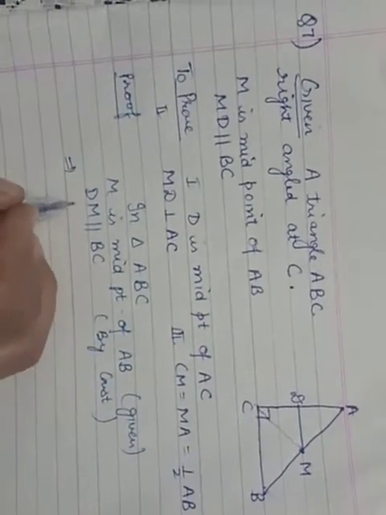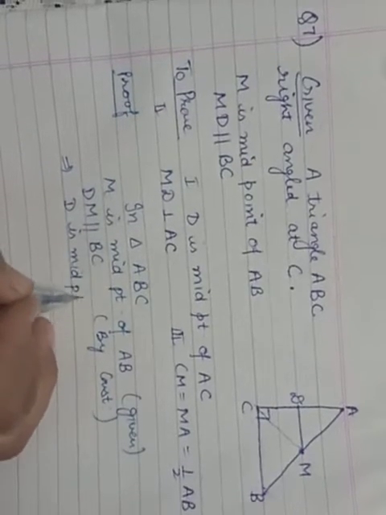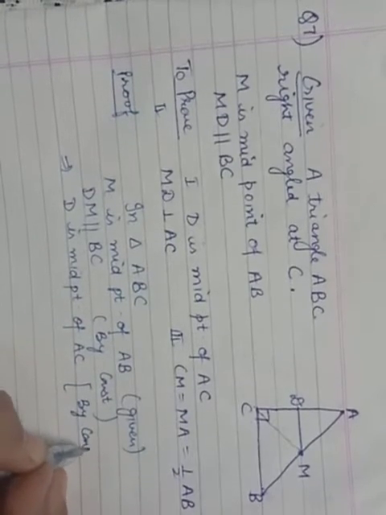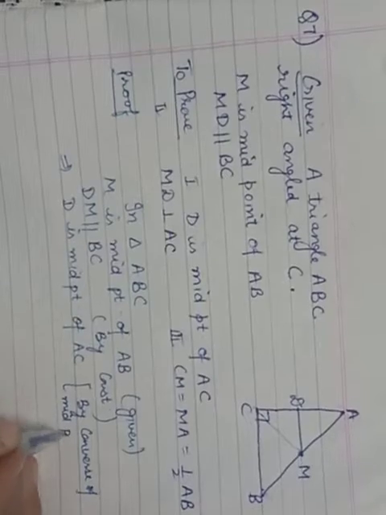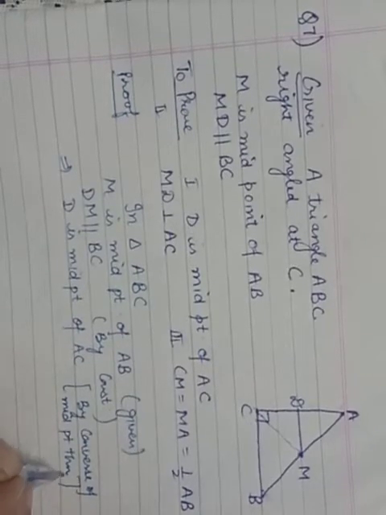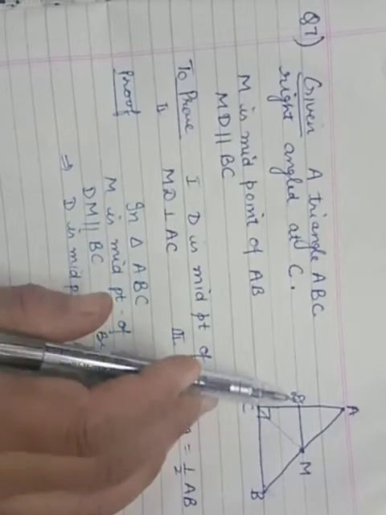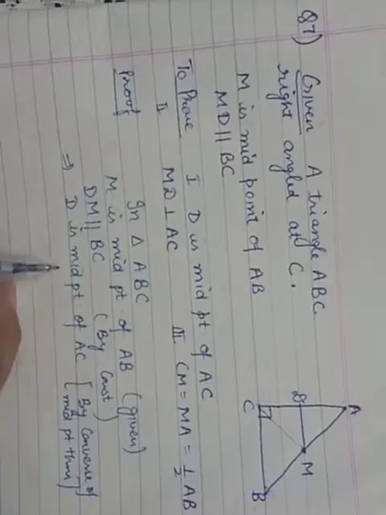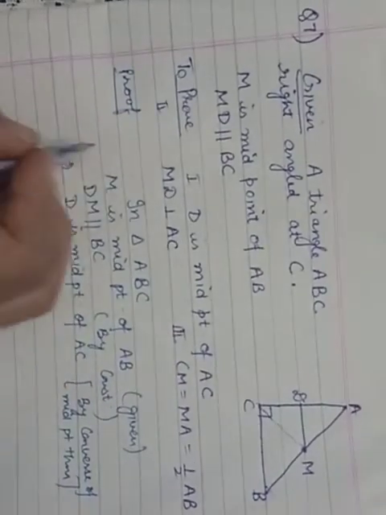This implies D is midpoint of AC. The converse of midpoint theorem states that if we take the midpoint of one side and draw a line parallel to the second side, then this point will be the midpoint of the third side. So D will become the midpoint of AC, hence it is a proof of the first part.